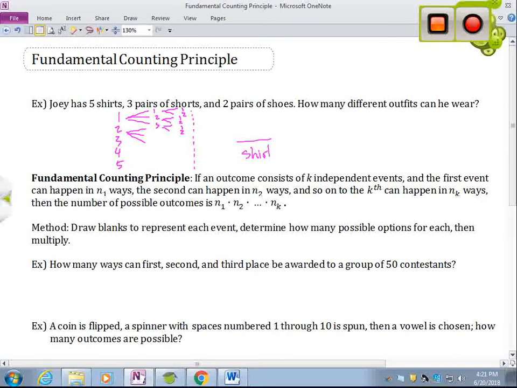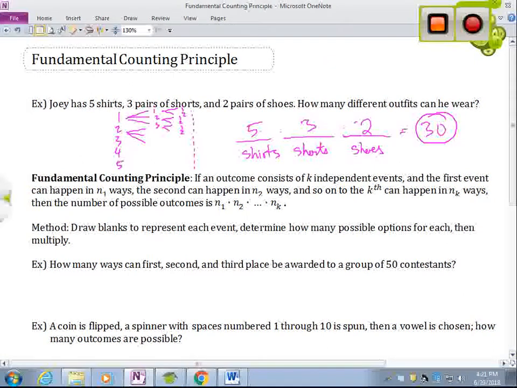So we've got 5 shirt options, 3 shorts options, and 2 shoes options, and we see that there are 10 times 3, 30 different outfits that he can wear. And again, that's going to be a lot more convenient than trying to make a tree diagram of all of those outcomes, okay?